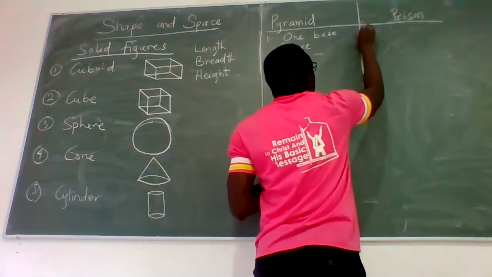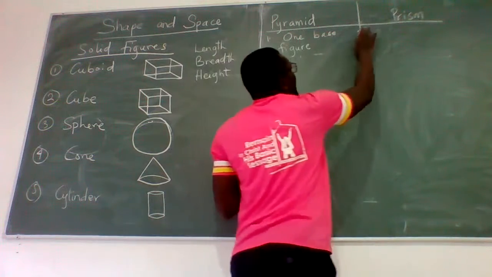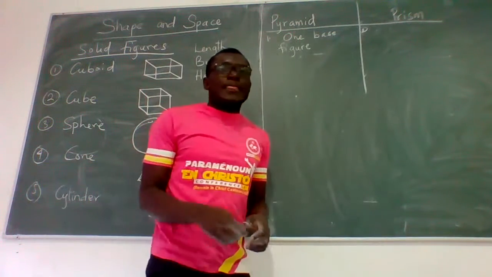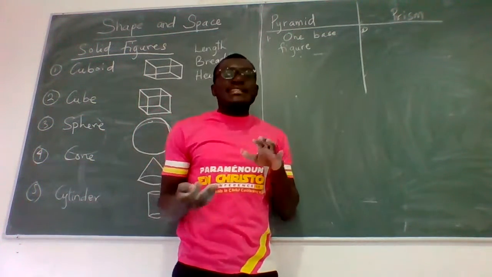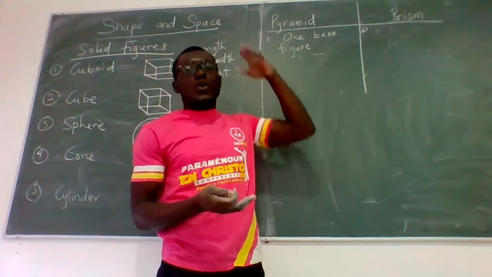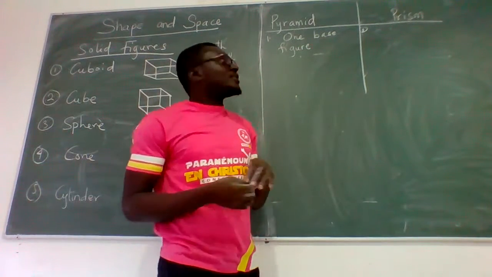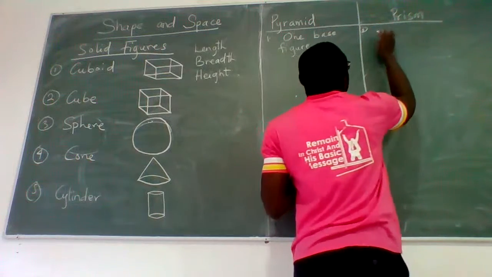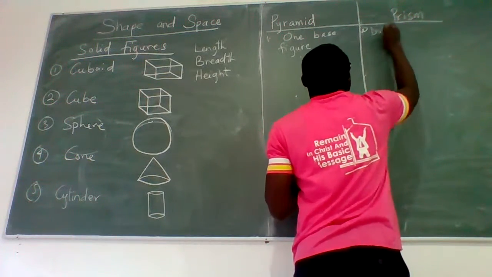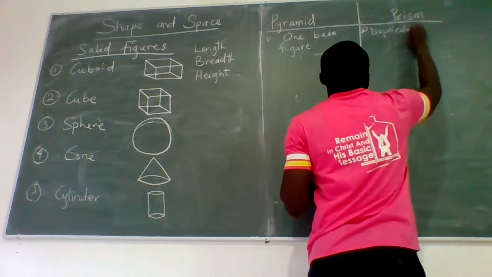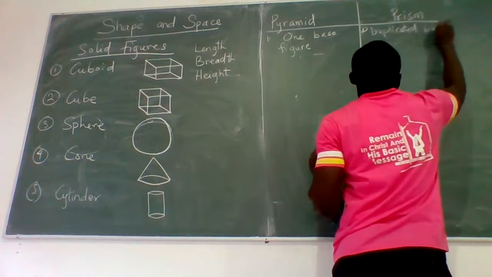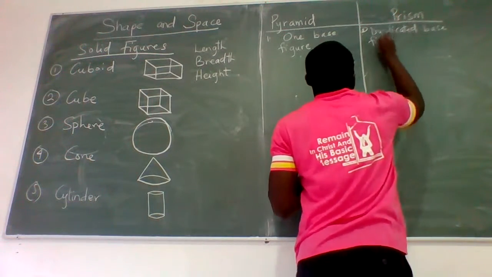But when it comes to the prism, it has the same base figure shown also on top of it. So let's say this is the duplicated base figure.